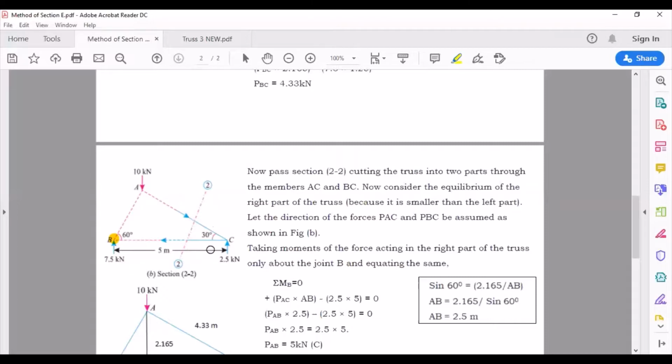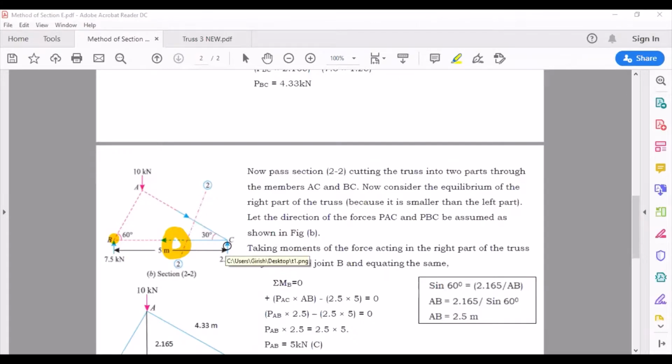Since I'm taking moment with respect to point B, amongst these three forces, member force BC passes through the moment center B, thereby this member force becomes 0. You are left with only two forces: AC and the reaction 2.5.